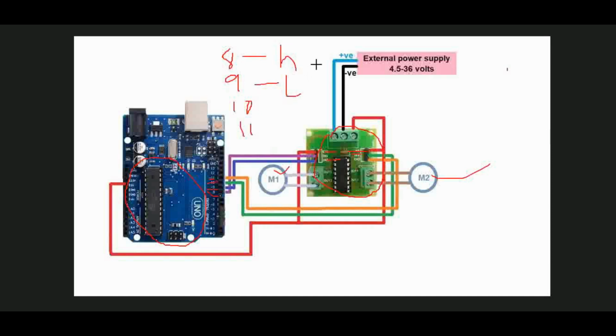When you program pin 8 as high and pin 9 as low, the M1 motor will go forward. Then we are going to move the M2 motor also. Here for M2 we make pin 10 high and pin 11 low, so that means M2 will go forward.